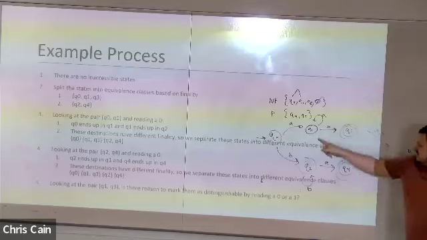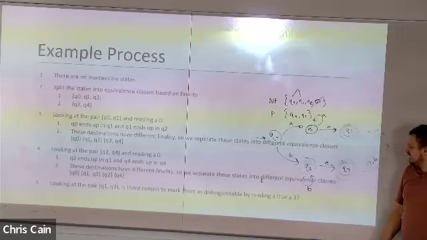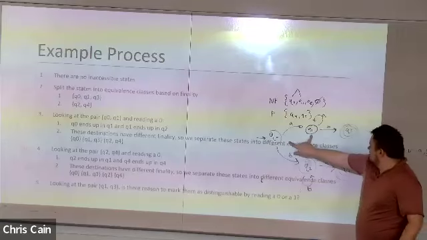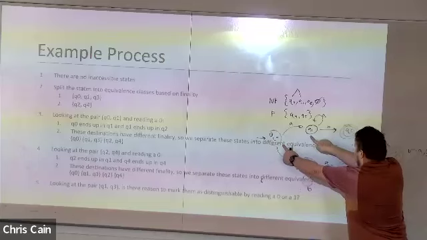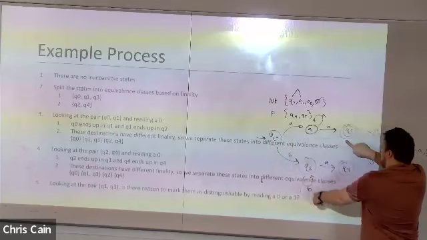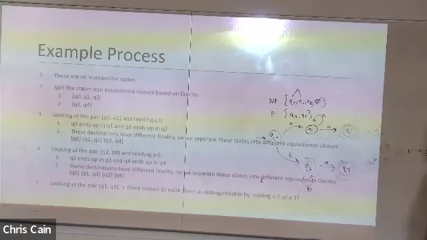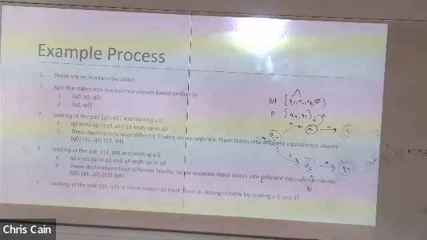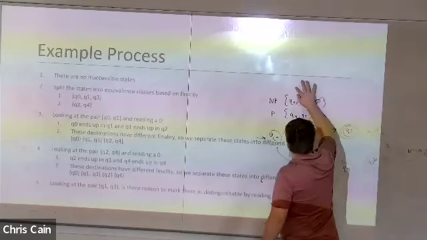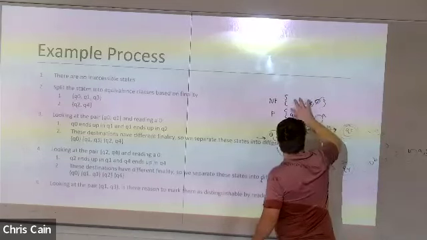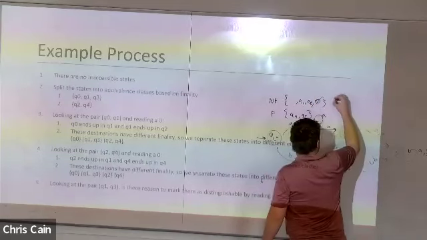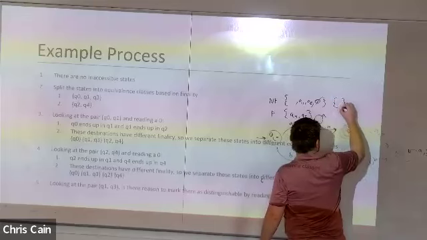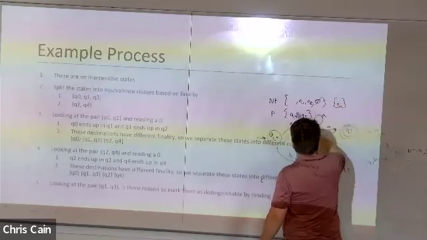So this looks fine on reading an A. Q0 and Q1, reading a B. We transition to Q2 and Q5. Q2 is non-final, but Q5 is final. This says that these states are distinguishable, and we can pull one of them out of this. We'll pull Q0 out, and we'll make a new class that only contains Q0.